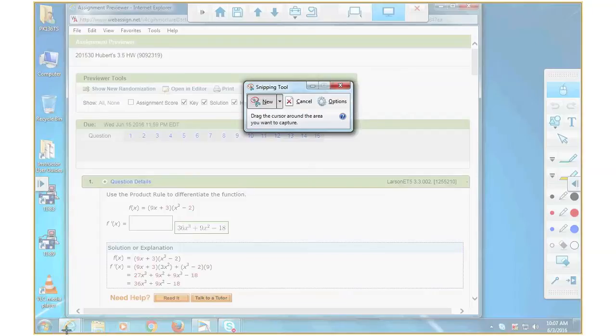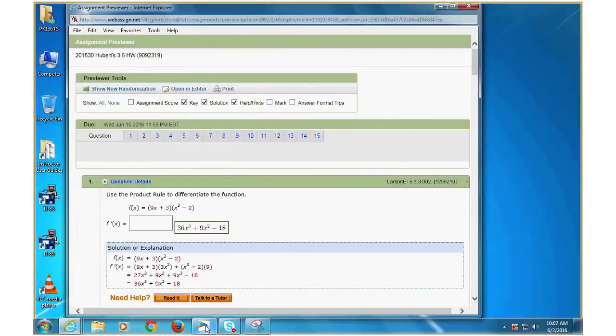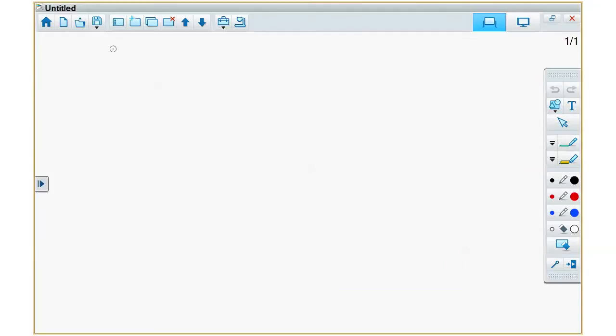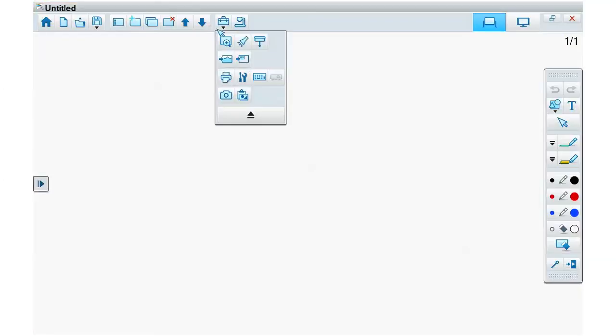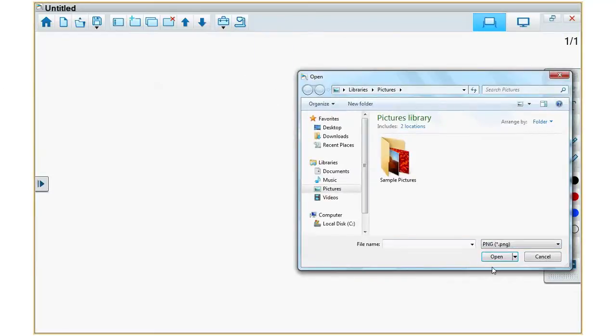Let me get back to where I was. Hold on. Get to my whiteboard and pull it up. Okay, didn't save it. Great.